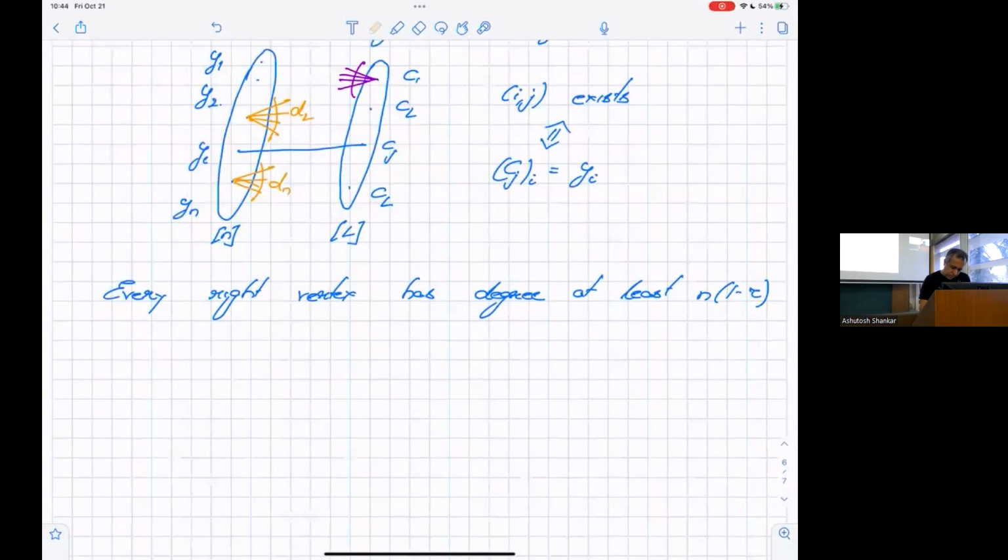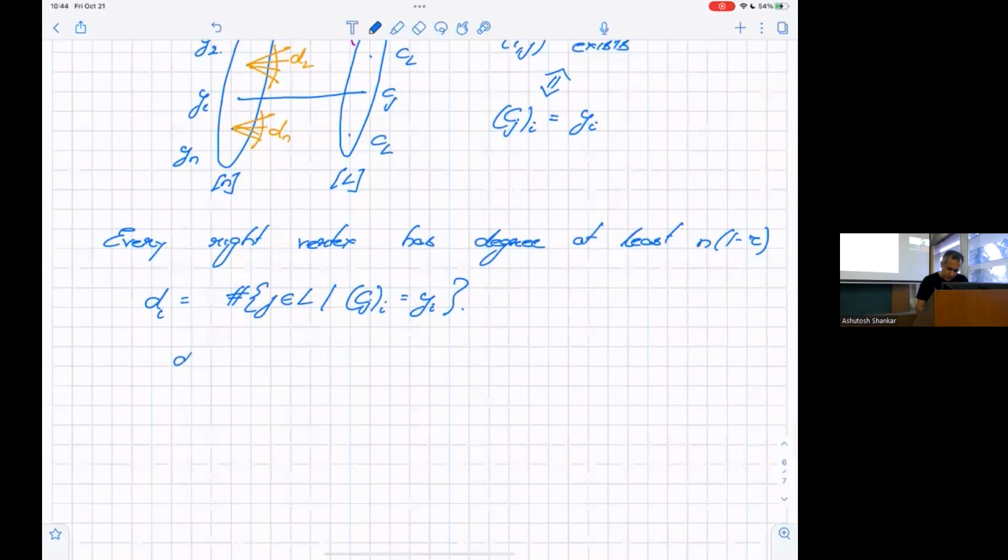So di is the number of j in L such that cj at i equals yi. And let d bar just be the summation of di divided by n. It's the average degree on this side.